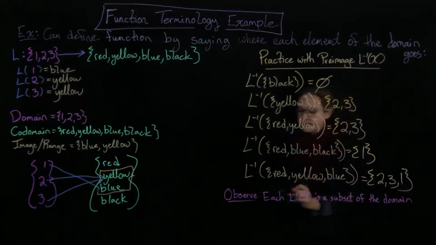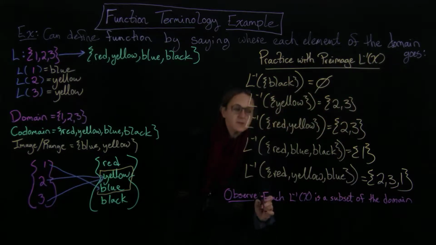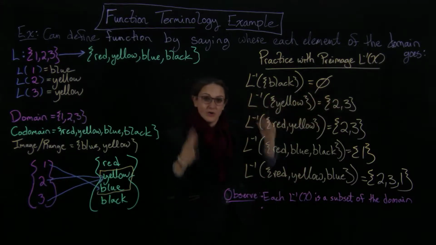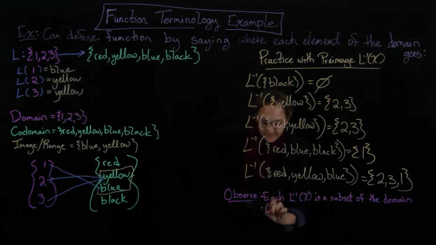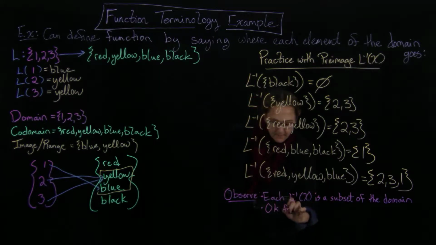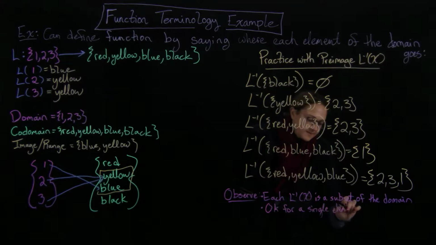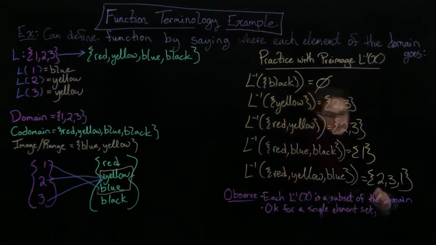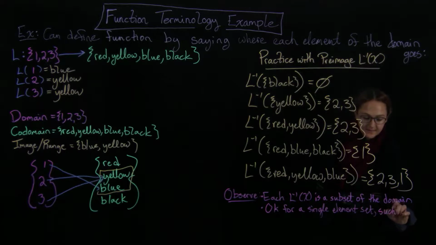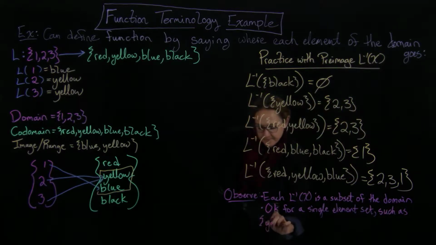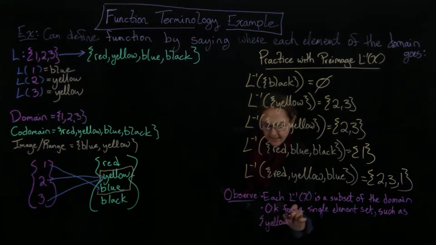Right? And another thing is that if we look at this, for yellow, I actually have 2 things in the preimage, and that's totally okay. So it's okay for a single element set, such as, we had an exact example of this, when I had the set containing just the element yellow.